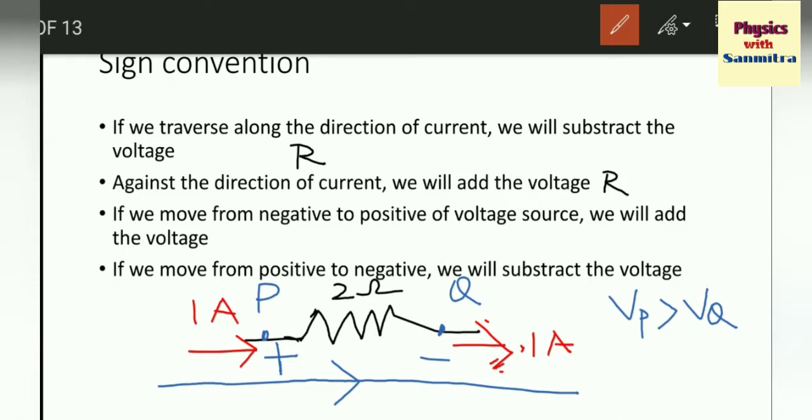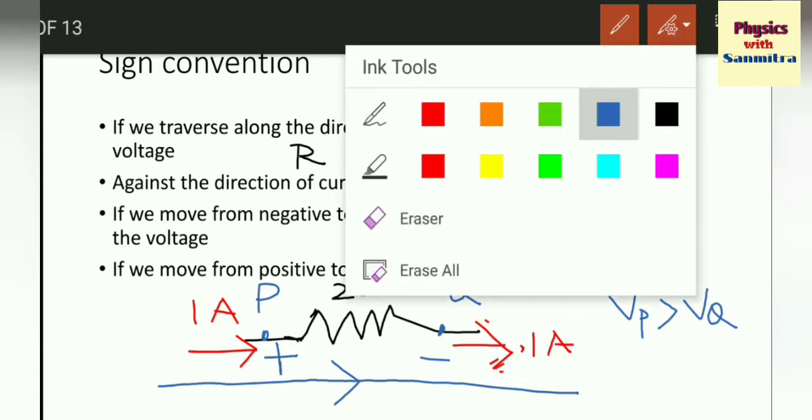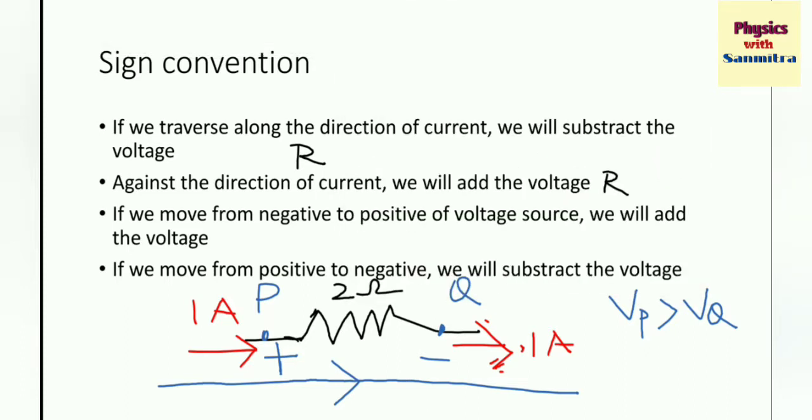Now why so? Here our voltage is Vp, here our voltage is Vq. When we are moving from P to Q, in the direction of current, our voltage is decreasing because Vp is greater than Vq. There is a drop.